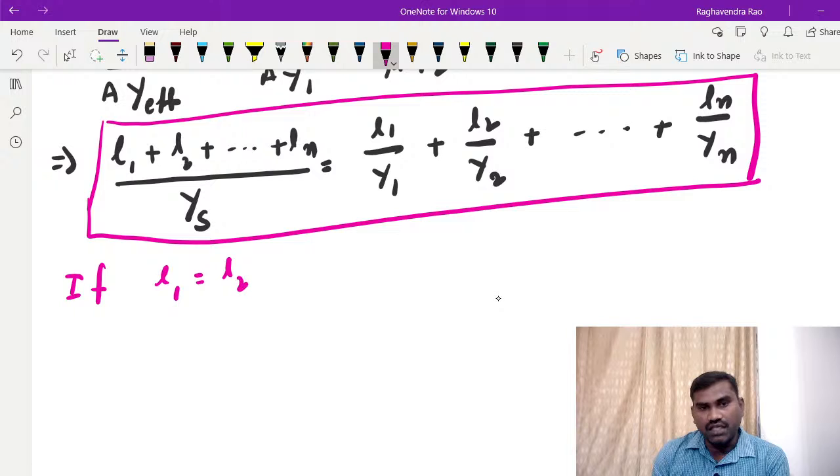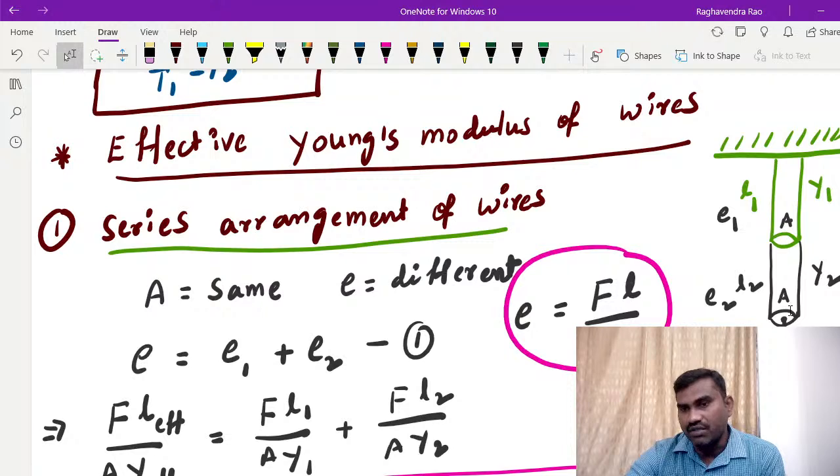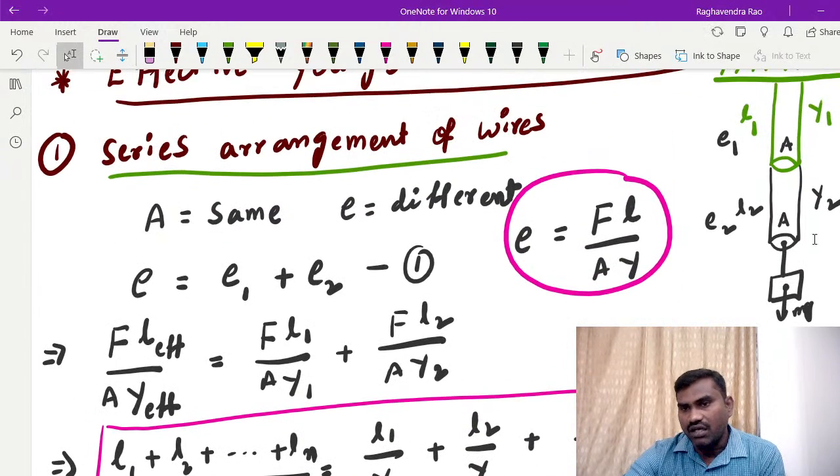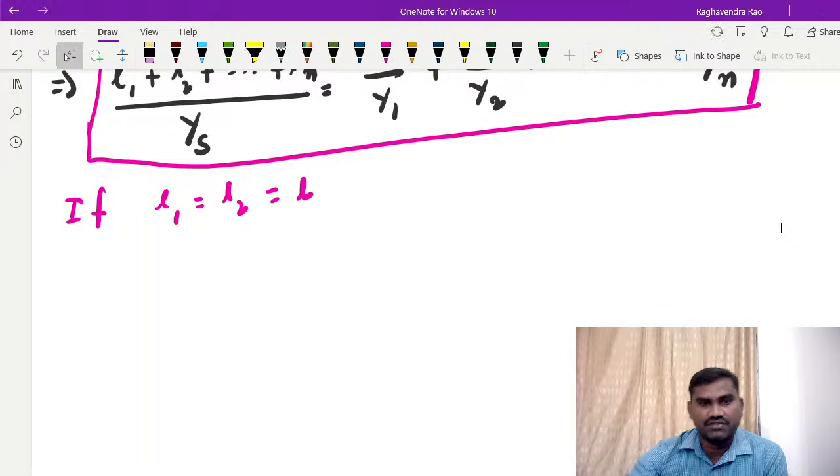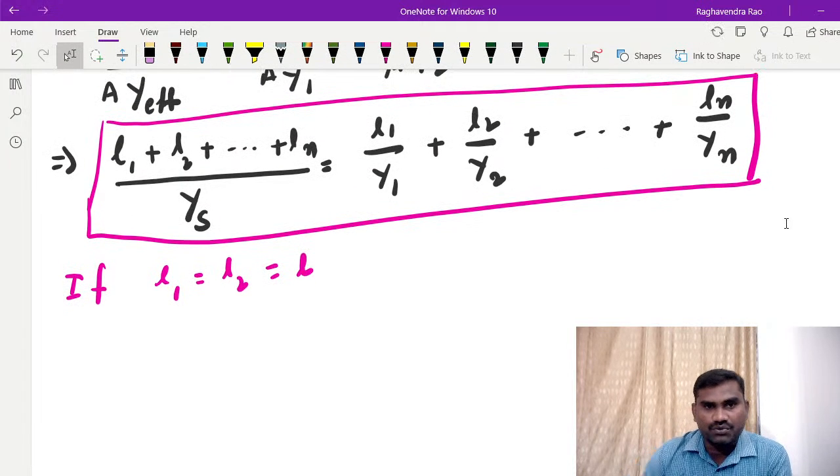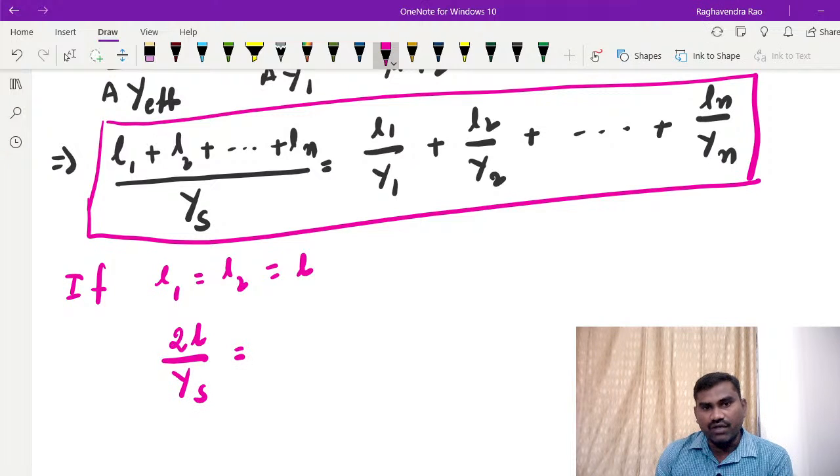If L1 is equal to L2 is equal to L, that means equal length of the wire. So the length of the two wires will be equal. The general equation we have written; now we are taking equal length of the wires. L1 plus L2, two wires taken, means L plus L, that is 2L by Ys is equal to L by Y1 plus L by Y2.